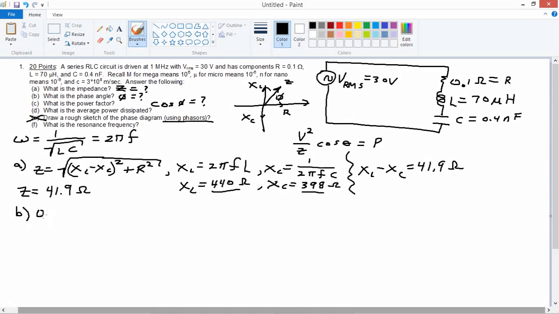Phi equals, well, we've already got our numbers in the calculator. Arctangent of 41.9 over a tenth of an ohm. 41.9 ohms, okay. The ohms cancel out, okay, equals.